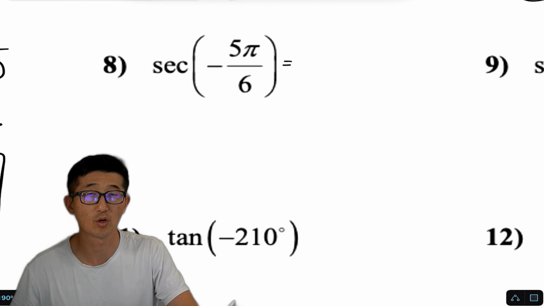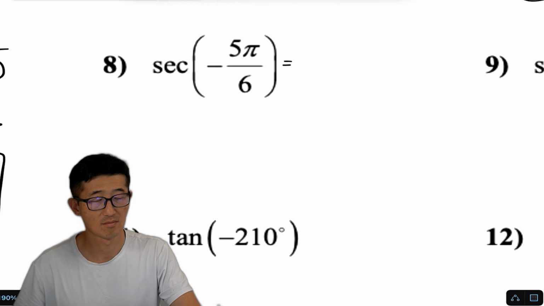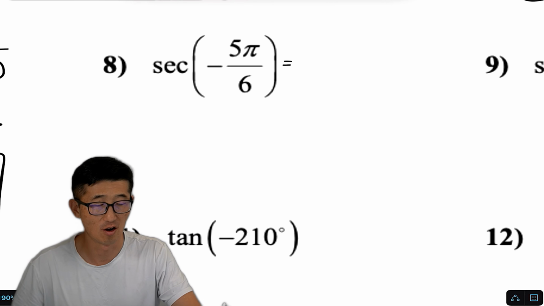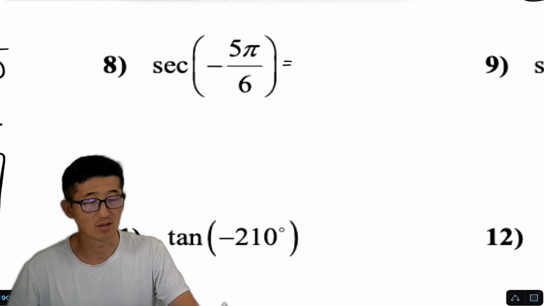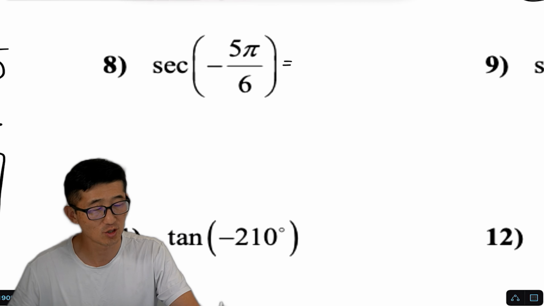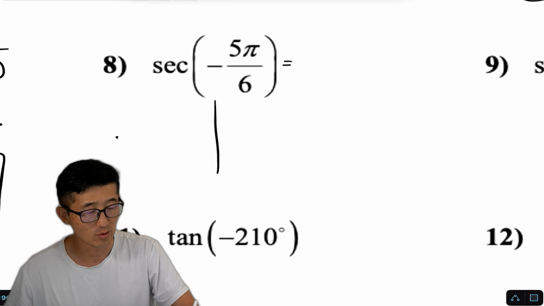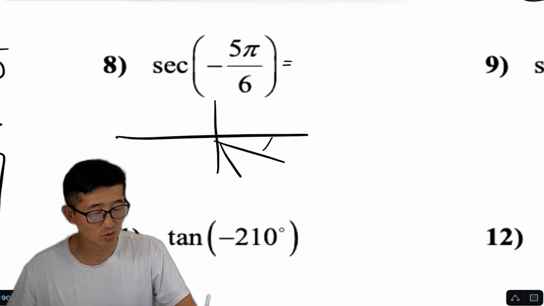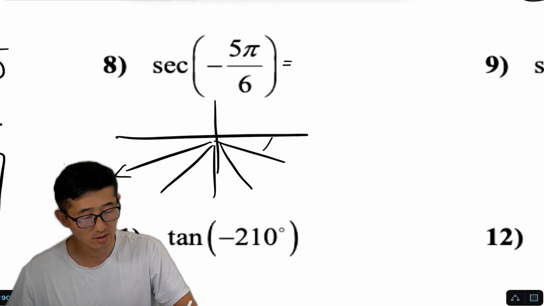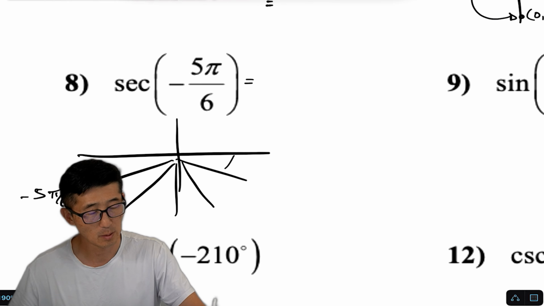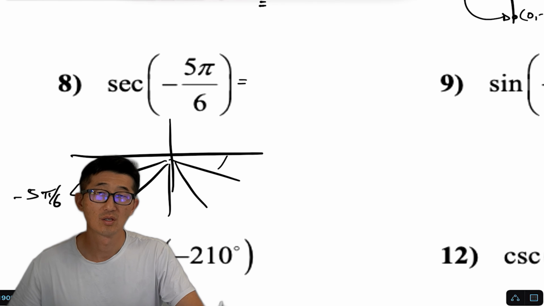Okay, what quadrant are we in? Quadrant 2. Wrong. No, 3. Okay, please try to use your brain once in a while. Quadrant 3, okay? Going negative: 1, 6, 2, 6, 3, 6, 4, 6, and what? 5. Negative 5 pi over 6 is right there. Secant is basically a cosine value, right?